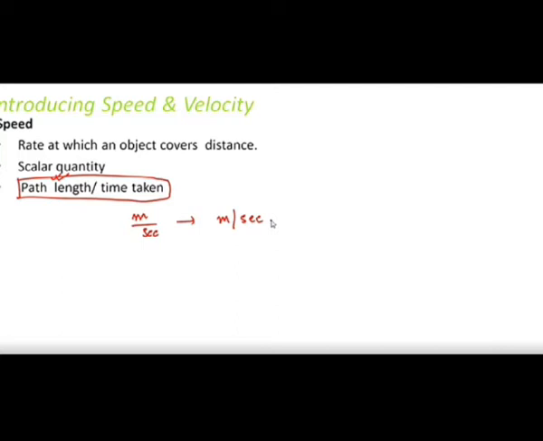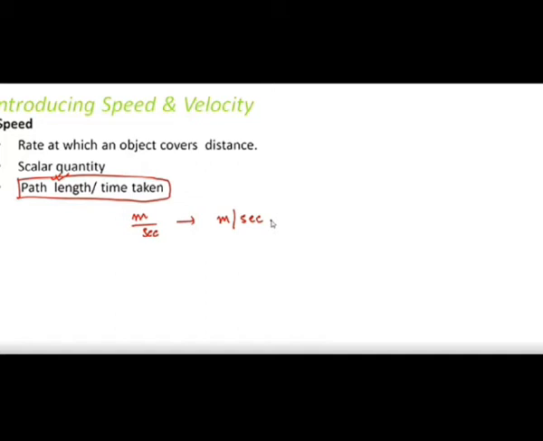So here we will talk about these two quantities, speed and velocity, which talk about the rate of change of position with time. Let's start with speed. What is speed? It's the rate at which an object covers distance. As I mentioned in the previous lecture, it's a scalar quantity.